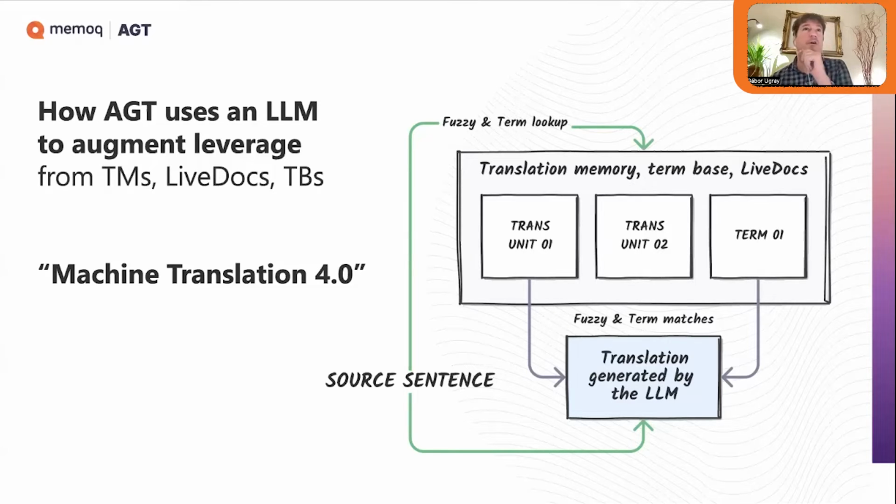It retrieves fuzzy matches. If you have an exact match, you don't really need the MT, but it will retrieve fuzzy matches, maybe even very low fuzzy matches that contain a part of the content that is relevant for your sentence. It will also retrieve terminology matches, and then it will instruct a large language model to say, based on this information, which is relevant for the translation of the sentence at hand, please translate the current sentence.